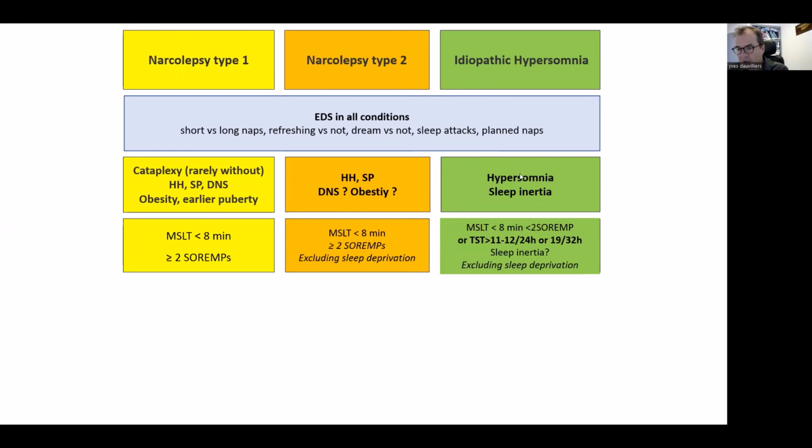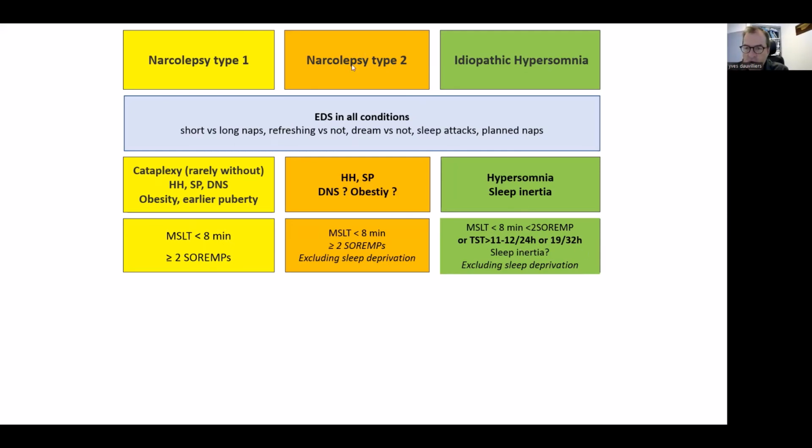I spent a lot of time on that, with excessive daytime sleepiness being completely different, with long sleep night compared to patients with narcolepsy having short sleep night, non-refreshing naps with sleep inertia compared to narcolepsy, no dream content mostly, no sleep attacks, and planned naps, but long planned naps in IH, and with hypersomnia and sleep inertia. And this MSLT could be one way, but not the only way, and a long sleep duration.